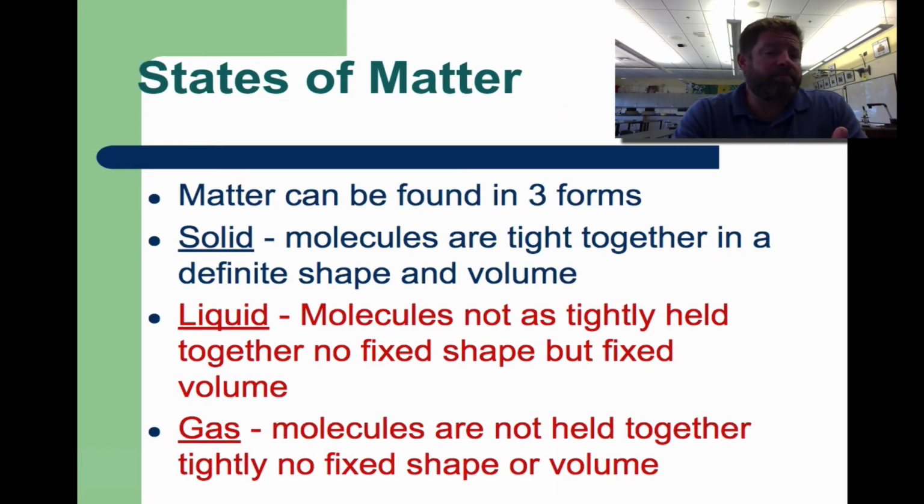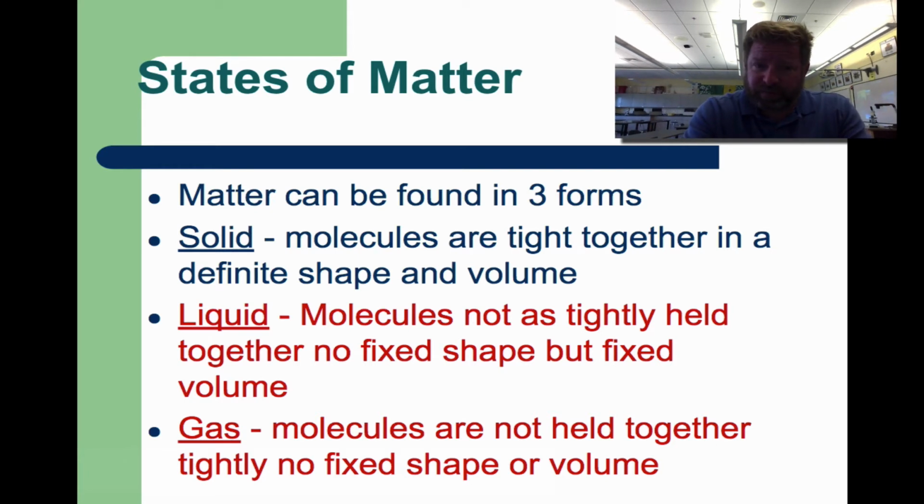So states of matter. These are things you might have seen in 7th or 8th grade. Matter comes in 3 forms on this planet: solid, liquid, gas. If we look at it from a space standpoint, a solid takes up the least amount of space. A liquid takes up a little bit more space. Gas can take up a lot more space.